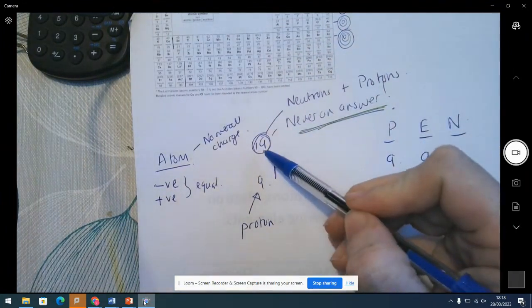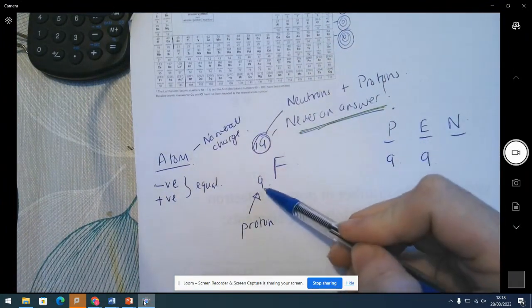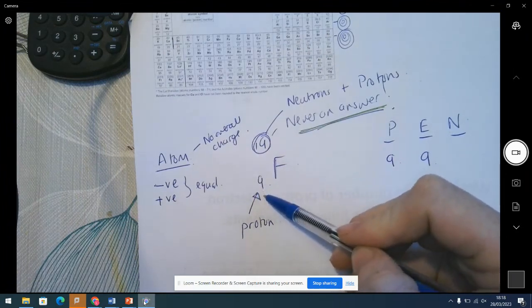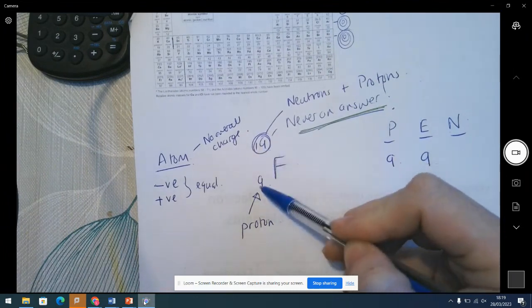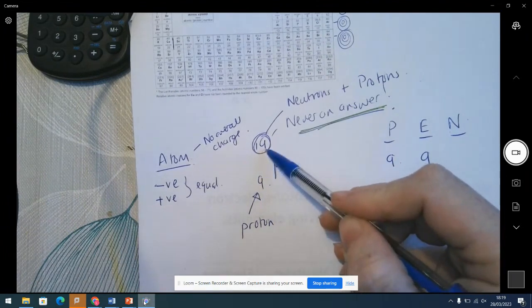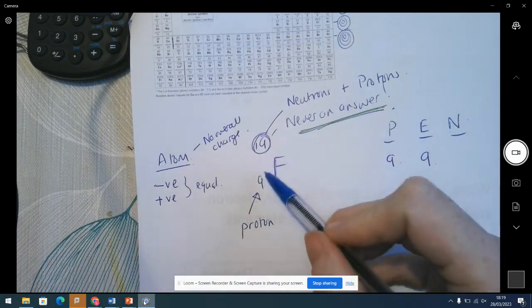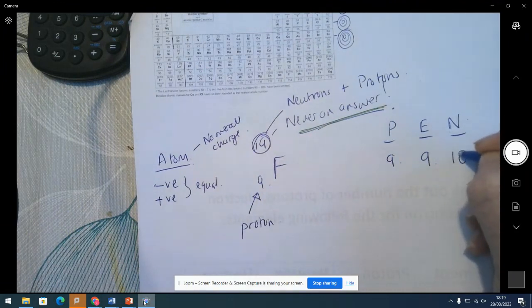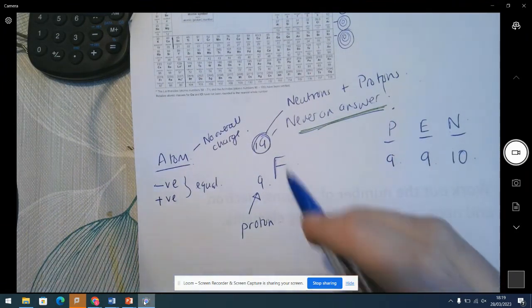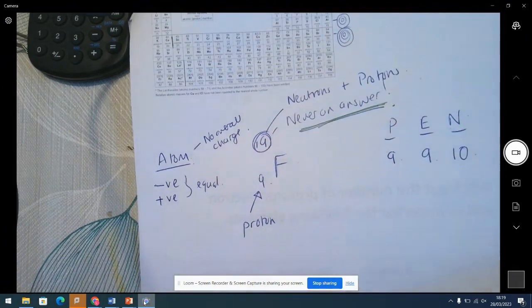So if I'm being asked to work out the neutron number, I essentially need to first of all look at my proton number. And here I can see I've got 9 protons. So then I'm working out the difference between these two numbers in order to work out my neutron number. So the difference between 19 and 9 is obviously 10, and that is the number of neutrons that it has. So it's important you're able to practice that.